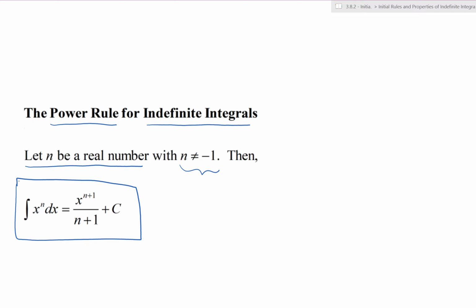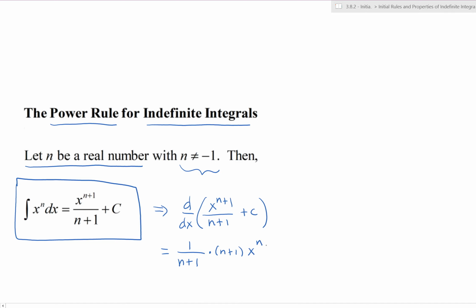So think of it like the backwards process of differentiating a power function. And to verify this, we could simply differentiate with respect to x the expression x to the n plus 1 over n plus 1 plus that constant, and apply our power rule. That would give, well, that constant in front, 1 over n plus 1, the n plus 1 comes down from the power, and then we lower that power by 1, giving us an x to the n, and of course the derivative of the constant is 0.